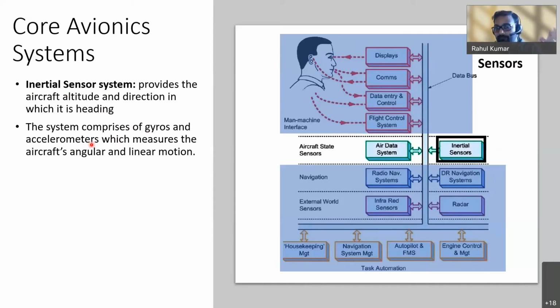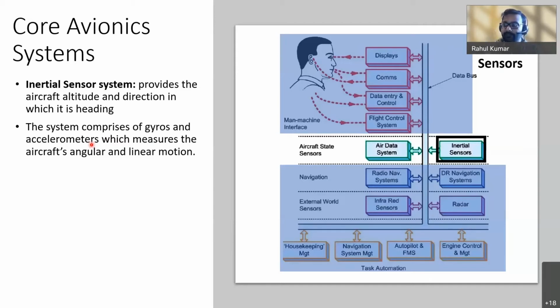In future classes, we are going to study the inertial navigation system, right? The benefit of this navigation system is that it is independent. It can work on its own. It doesn't need any GPS system or the like.